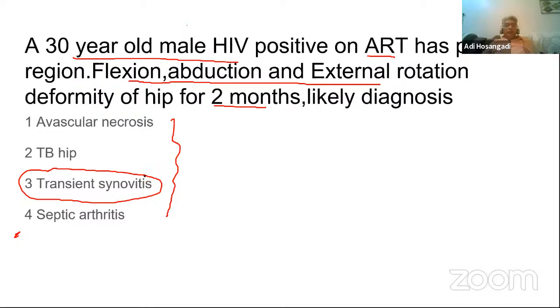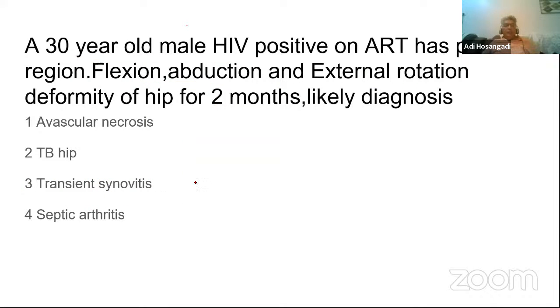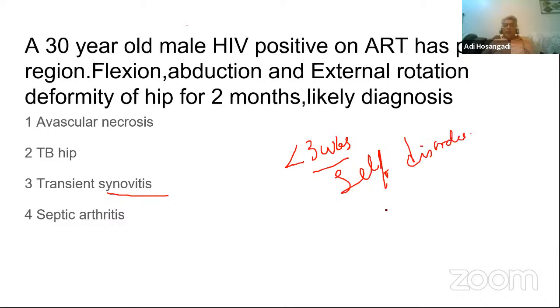You would be correct if it was tubercular synovitis. Remember, transient synovitis is a self-limiting disease which settles down within 3 weeks, where with just rest, analgesics and traction, the patient becomes all right.